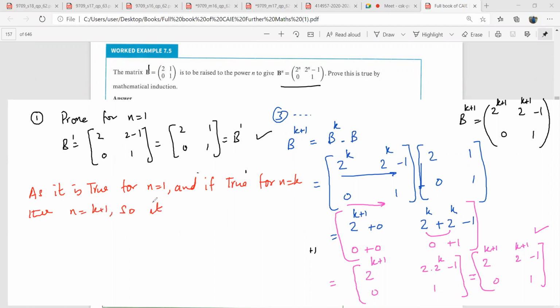So it is true for all n. I'm just writing all n because it is not mentioned here what kind of number this n is. Okay.